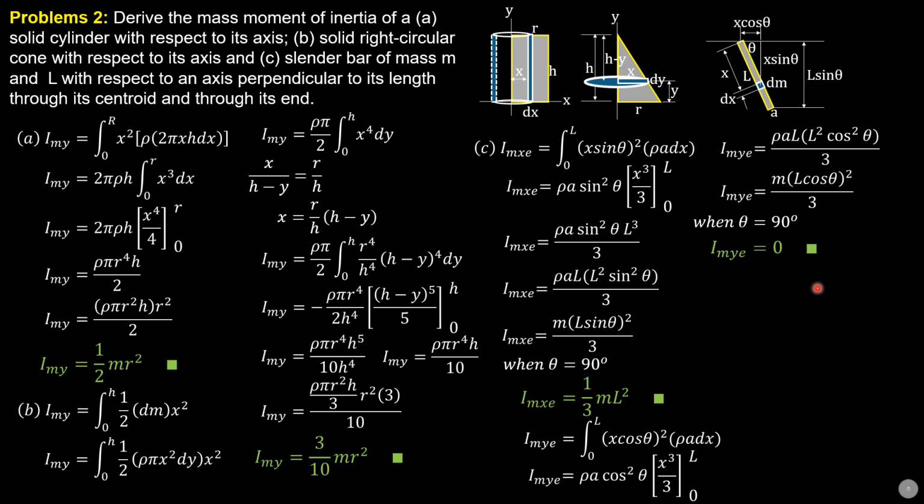Then finally, we derive the centroidal mass moment of inertia of a bar by the transfer formula. So I_E equals I bar plus m d squared.